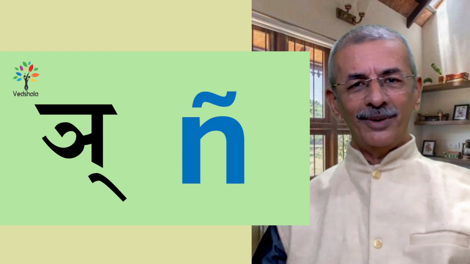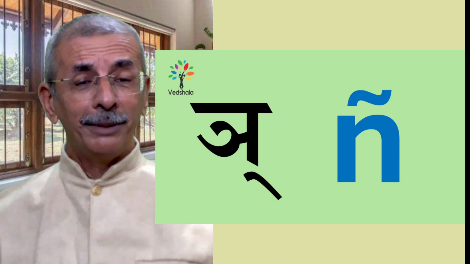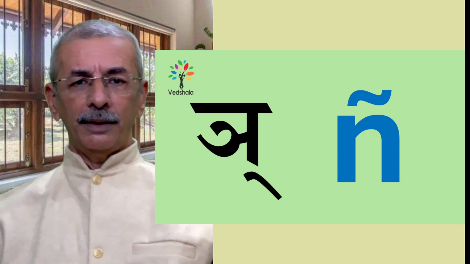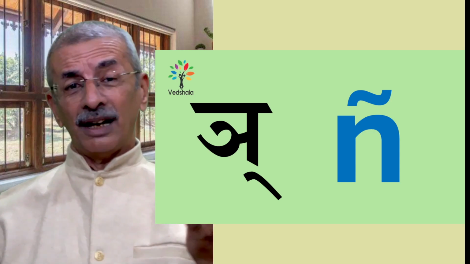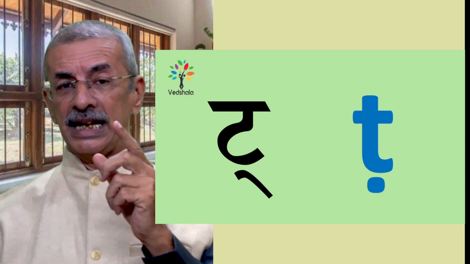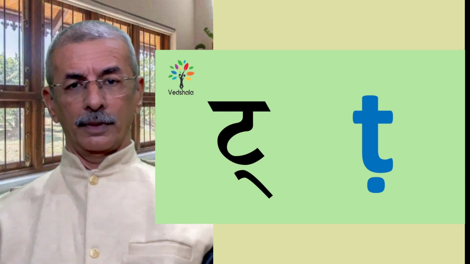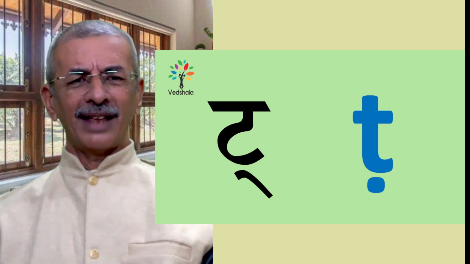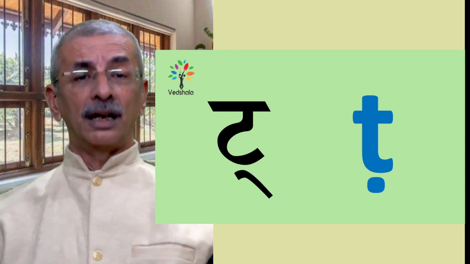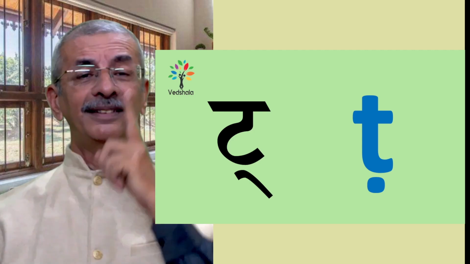Am I clear till now? I suppose yes, because I feel that I am a good teacher. That is what people do say. So I think this is making some sense. Let us go ahead. Now, thereafter, another set of alphabets is denoted by T and an underdot. Why is it so? It is because your tongue is touching the hard palate when you are pronouncing it. Whenever you are pronouncing it, the tip of your tongue is touching your hard palate.